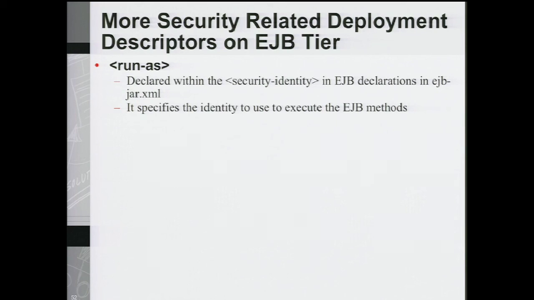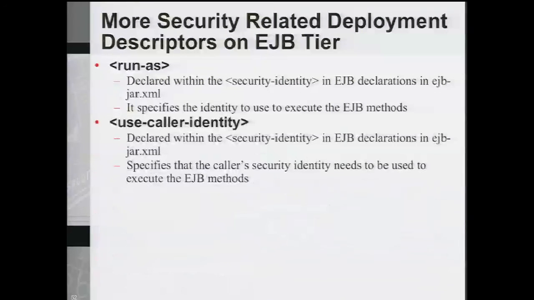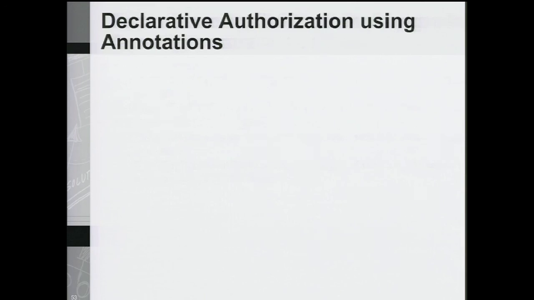Again, this is not so widely used, but you can specify the run as in the security identity, or you can use the run as annotation on top of the EJB, or the servlet actually. And there's also something called use caller identity, which basically says use whatever identity the caller has, just propagate it here. Okay? All right, let's look at declarative authorization using annotations.